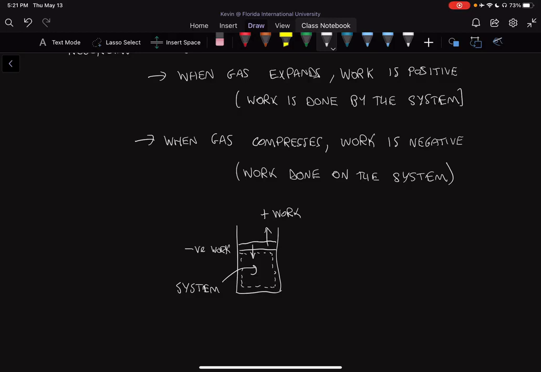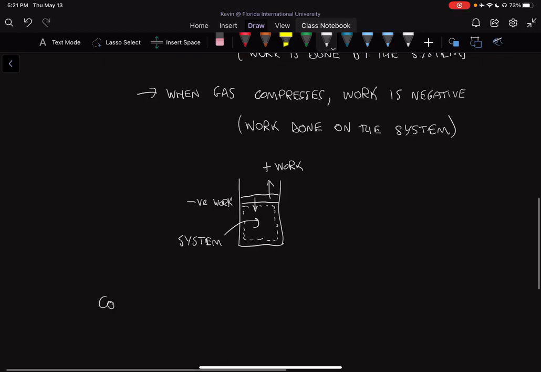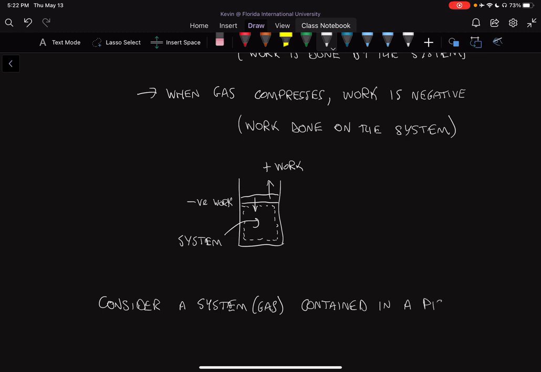So now let's consider a system with a gas in it. And the system is again contained in a piston cylinder device.